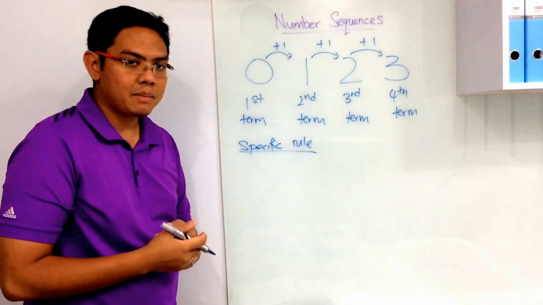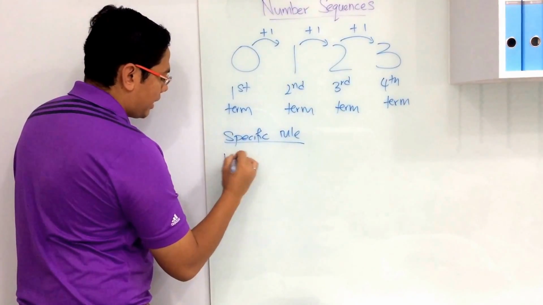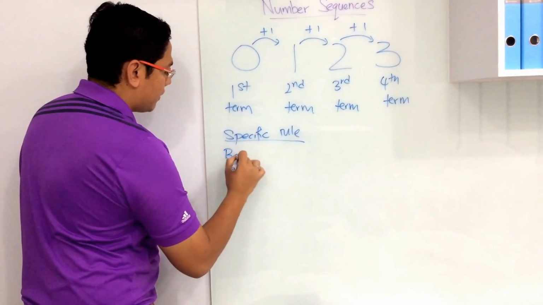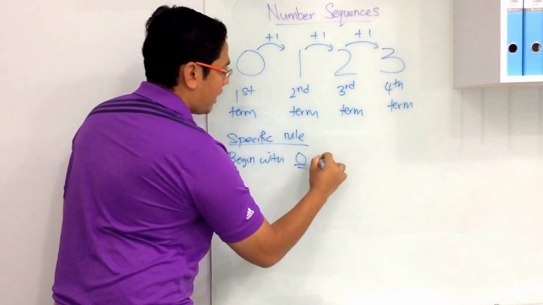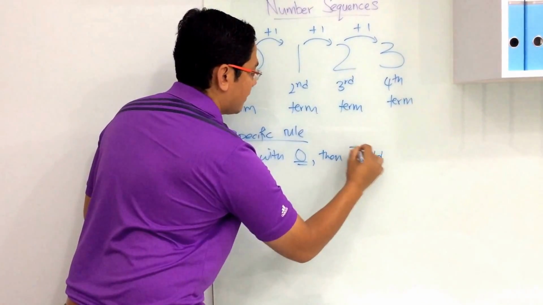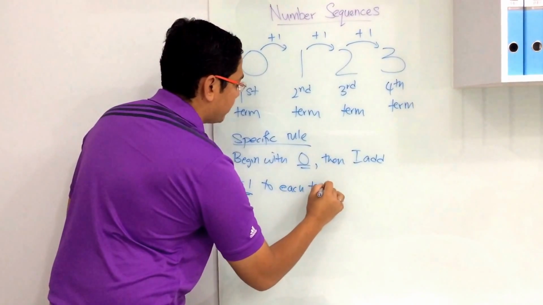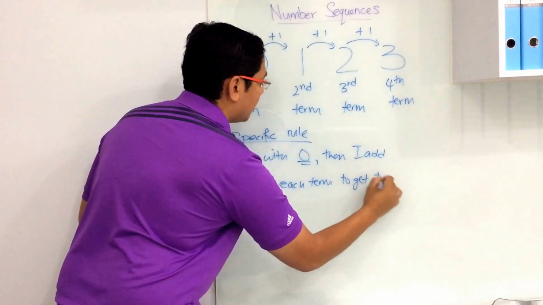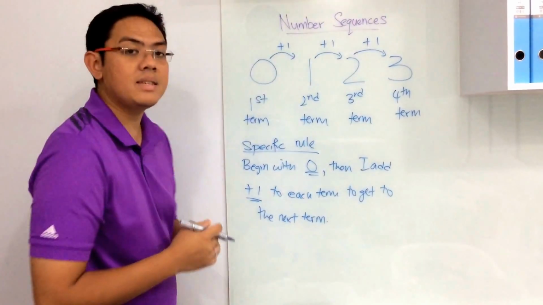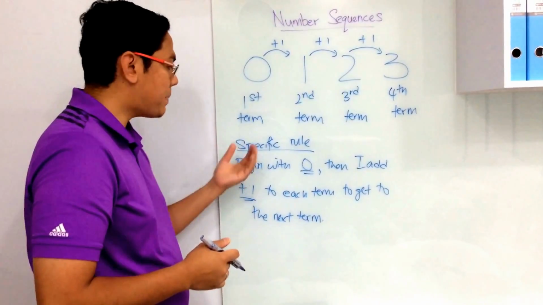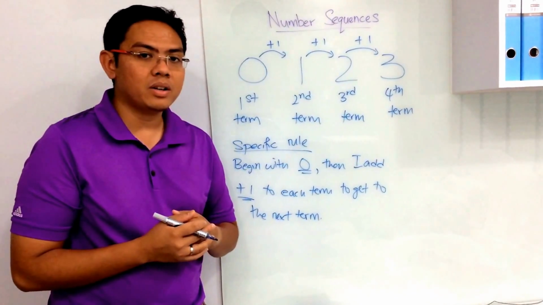For example, in this number sequence, I begin with 0, then I add positive 1 to each term to get to the next term. As easy as that. So try to write a specific rule for each and every question on number sequences. You will not go wrong.